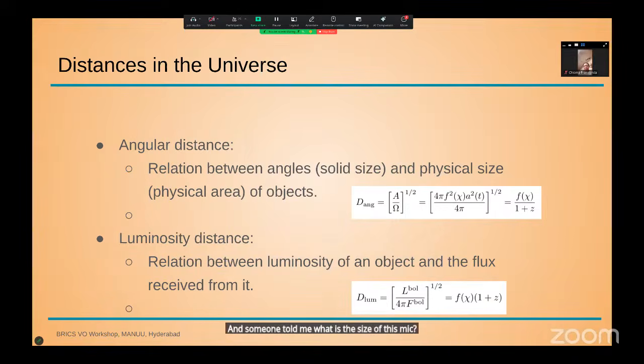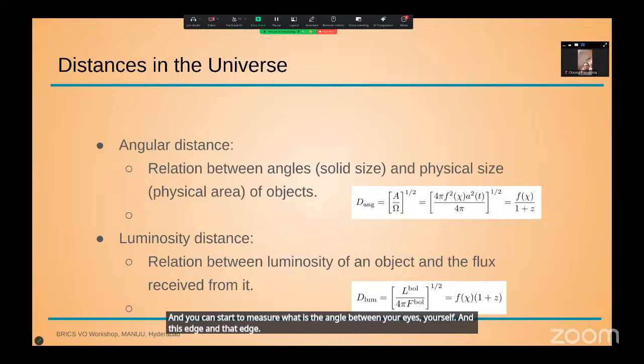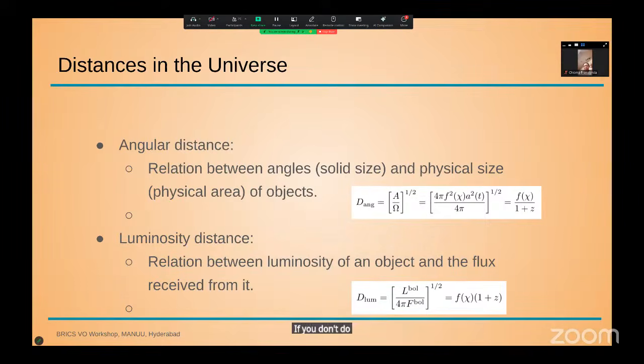Do you know? 20, 25 centimeters, let's say 20 centimeters. If you take this 20 centimeter object, you can measure the angle between your eye and this edge and that edge. If you do that, you will measure some angle.